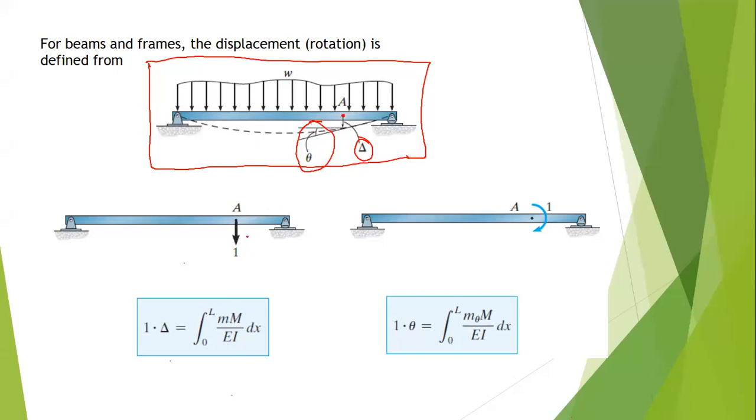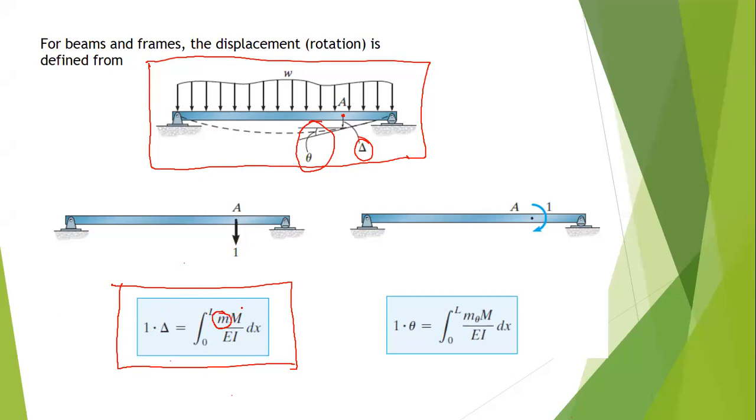Now, simply put, in equation form, if you wanted to determine the vertical displacement at point A, then you will simply need to use this equation as derived from the virtual work method or the unit load method. So, as you can see in this component, you are going to apply a virtual load, 1 unit load, times delta is simply equal to the integral of the small letter m.